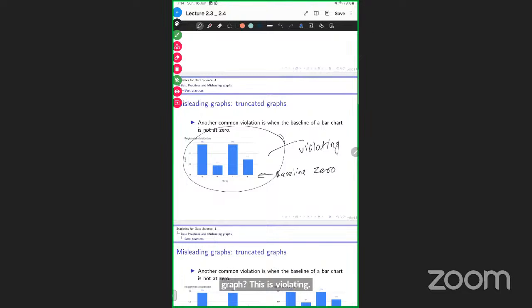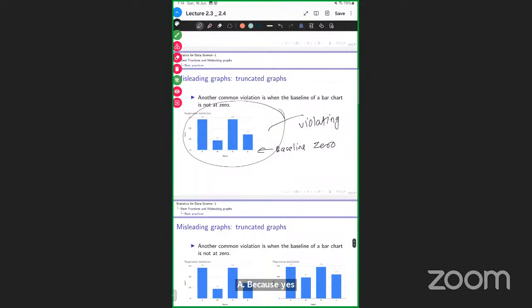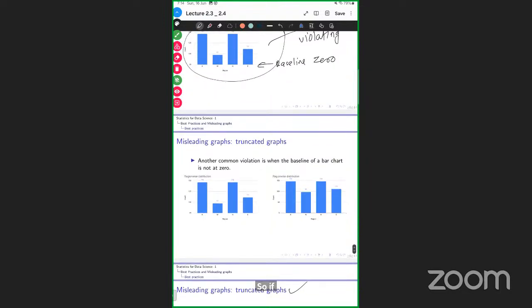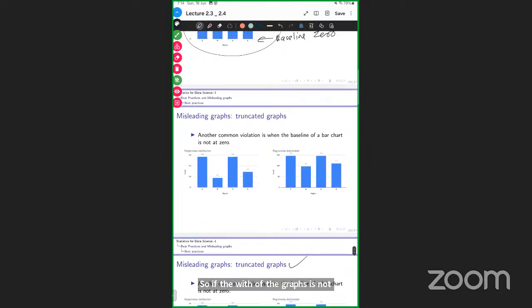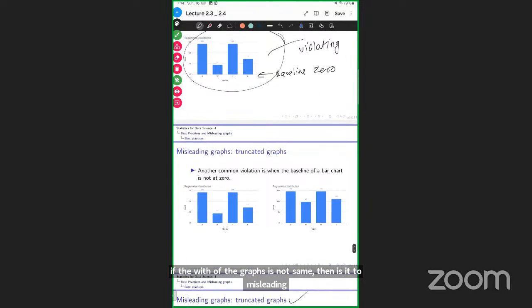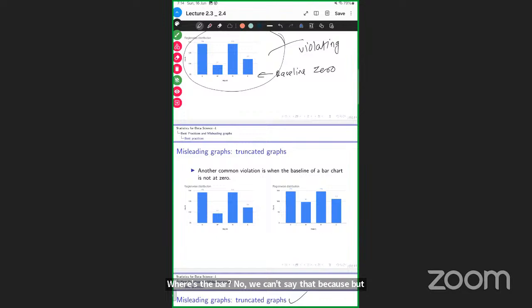Sir, if the width of the bars is not the same, is it misleading? Meaning the width of each bar? No, we can't say that, because width doesn't represent anything in a bar chart, at least.